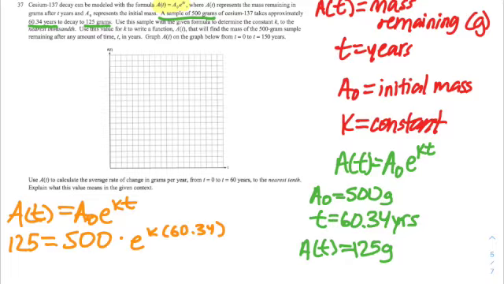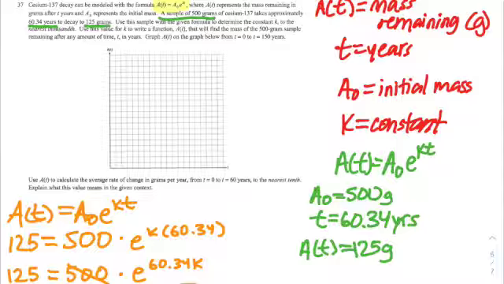Okay. So now that we do that, we can start to calculate. So first step is we can multiply 60.34 times k. That can just be 60.34k. We just want to rewrite that mathematically, make it look nicer, and write down the rest of our information. Okay, our next step is we can divide by 500, right, to get our e alone and our k alone. So when we divide by 500 on both sides, now we can put that into the calculator, which you can see on the right.